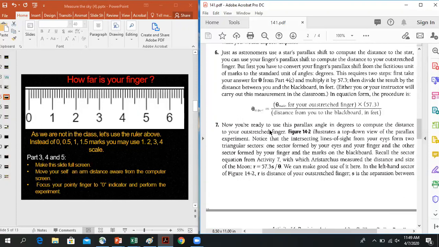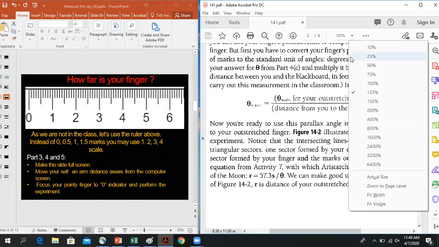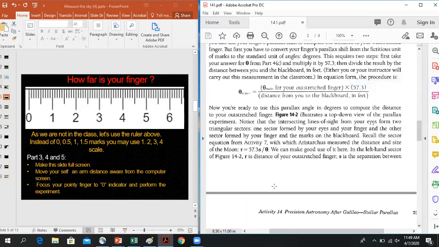So you are ready to use the parallax angle, and okay, let me zoom in so I can read it easily. Now you're ready to use the parallax angle in degrees to compare the distance to your outstretched finger.